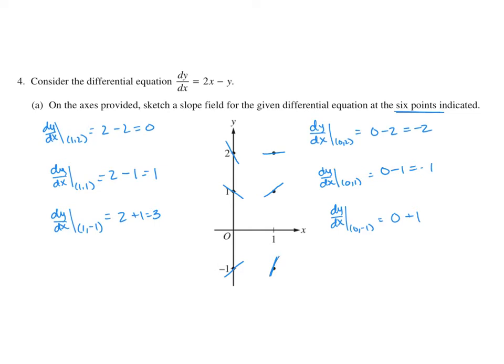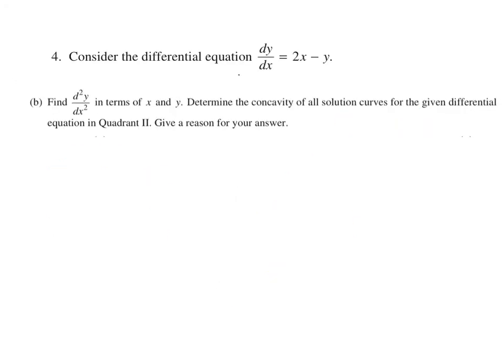And that's it. Now we're looking for the second derivative in terms of x and y. So if dy/dx is 2x minus y, and I'm taking its derivative, the derivative of 2x is just 2. The derivative of y is dy/dx. This is from, I think, chapter 3, section 5, implicit differentiation.